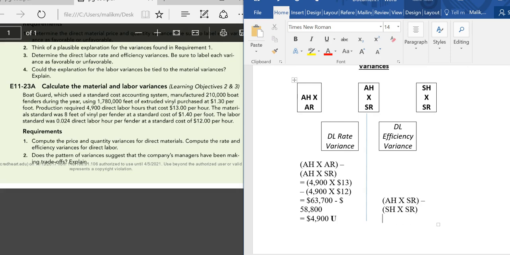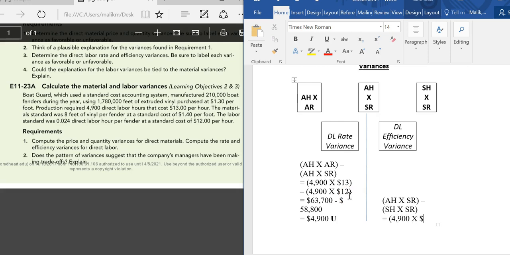Again, the third box is always standard, and the main difference between box 2 and 3 is the hour, which actually determines the efficiency of your labor force, and that's why we call it direct labor efficiency variance. So now for this part we actually have this information, 4,900 times $12. So I will write it down.